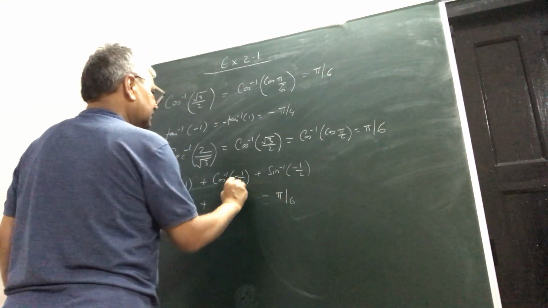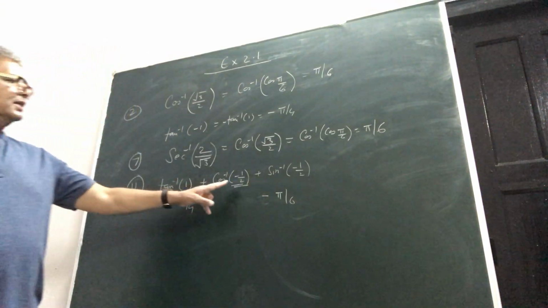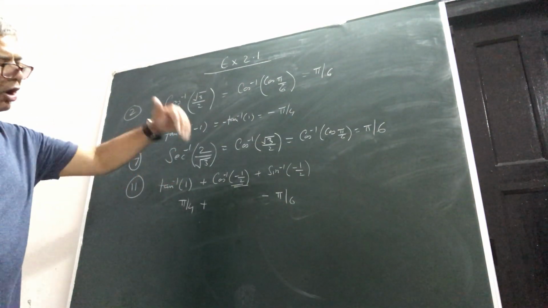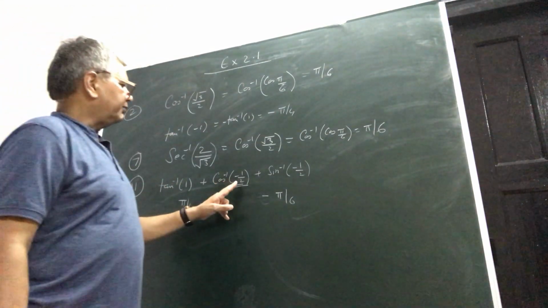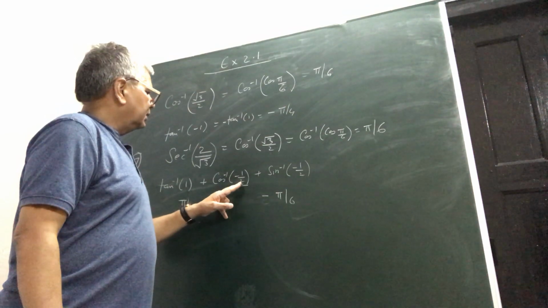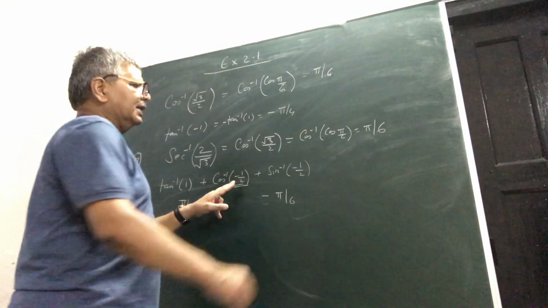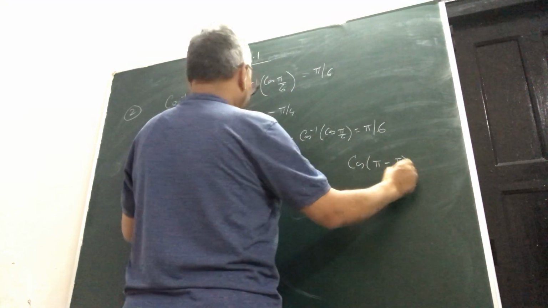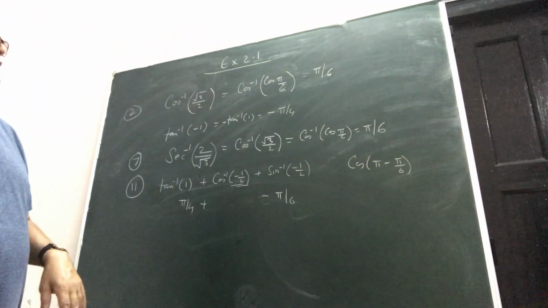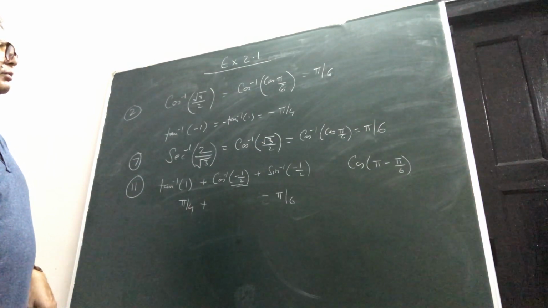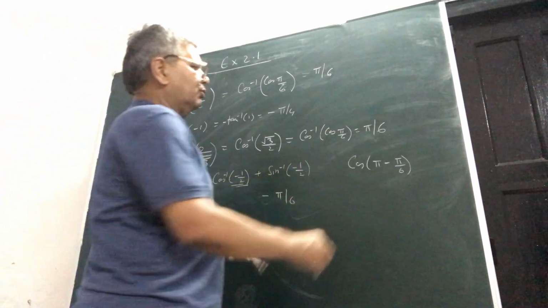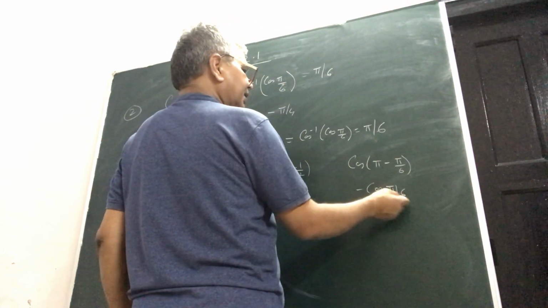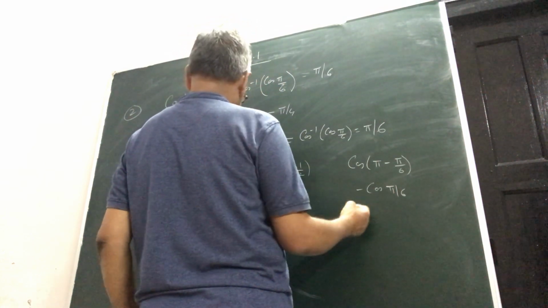Let us see this thing. Cos inverse minus 1 by 2, where will it lie? Cos is negative, so it is between cos 60 and then cos of pi minus pi by 3. What will it be? It is in the second quadrant.